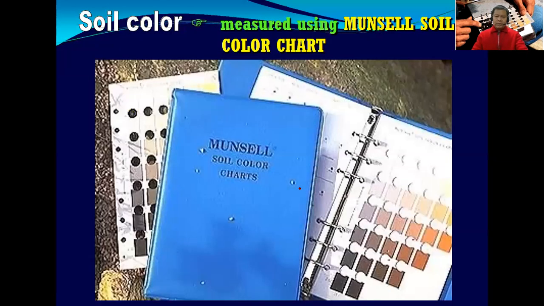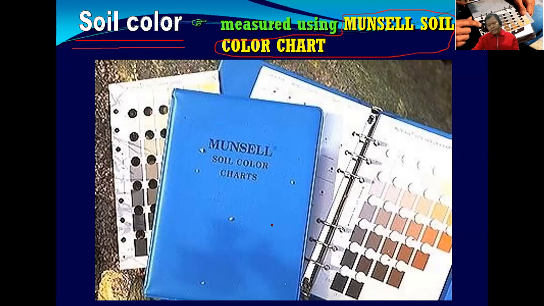Okay, so soil color. How will we be able to measure the soil color? The soil color could be measured based on the Munsell soil color chart. In the picture below, you can see this is the Munsell soil color chart.